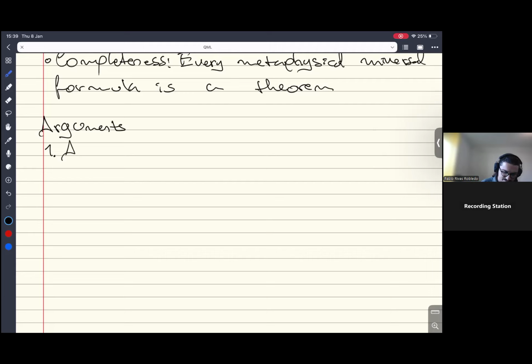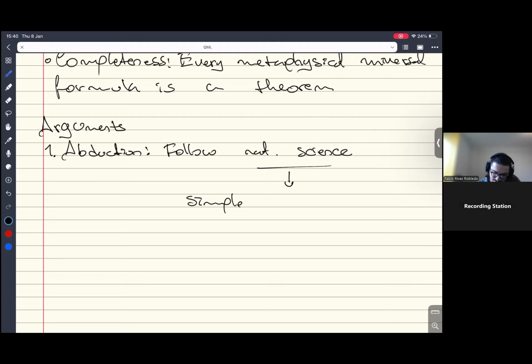So the abductive or methodological argument that he gives is that metaphysics should follow the methodology of the natural sciences. And this means that we should always choose the theories which are the simplest, the strongest, and most explanatory.